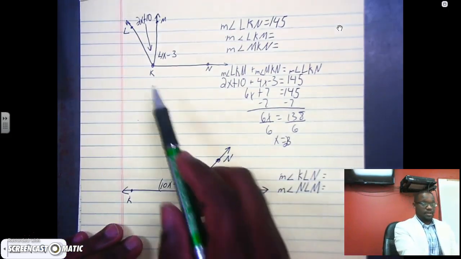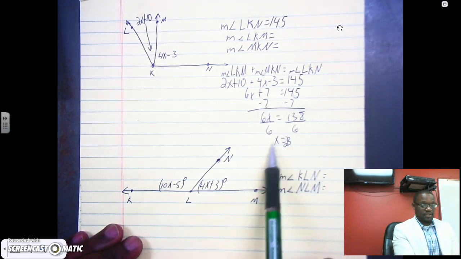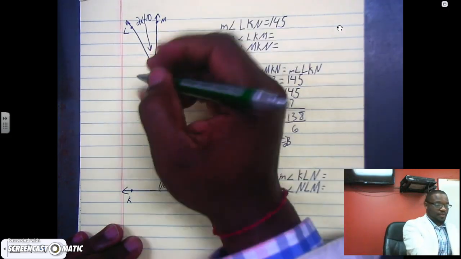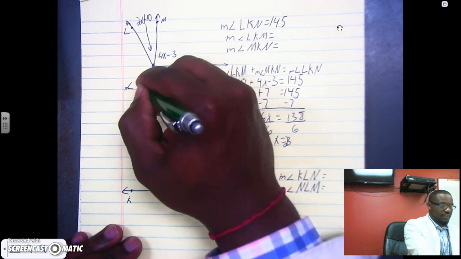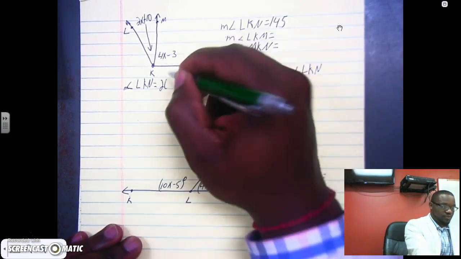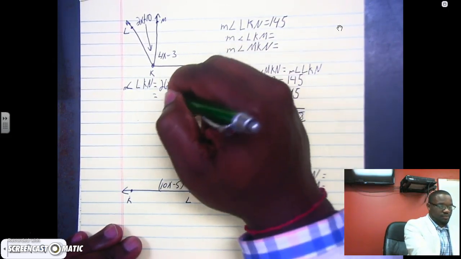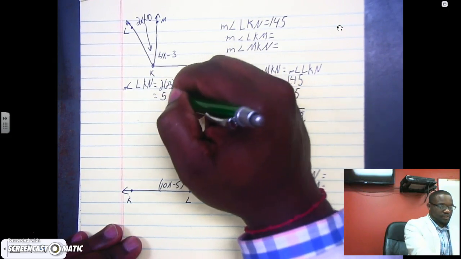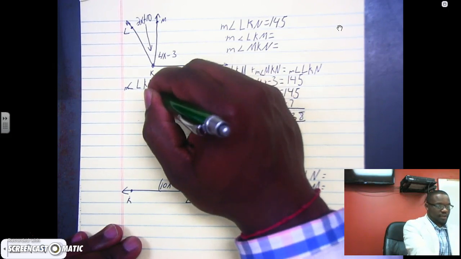So I go back up here, and LKM is 2x plus 10. Since I know that x equals 23, I'm going to say that the measure of angle LKM equals 2 times 23 plus 10, and that equals 56 for LKM.